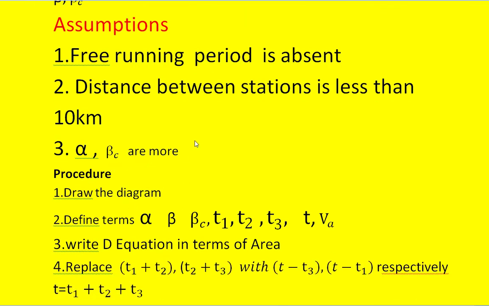So to get the relation among principal quantities in the quadrilateral speed time curve, we follow the procedure like this. The first thing is we have to draw the quadrilateral diagram and then define the terms alpha, beta, beta c, T1, T2, T3, T, VA.